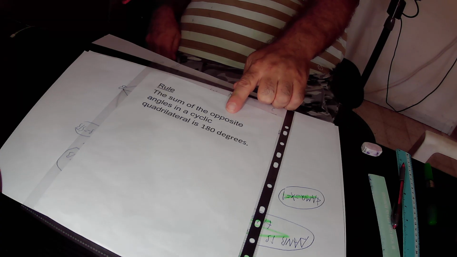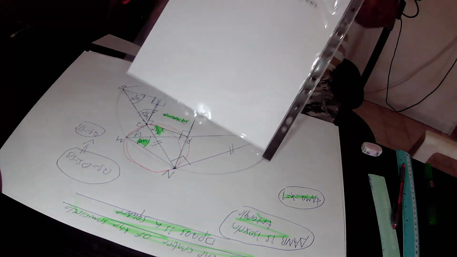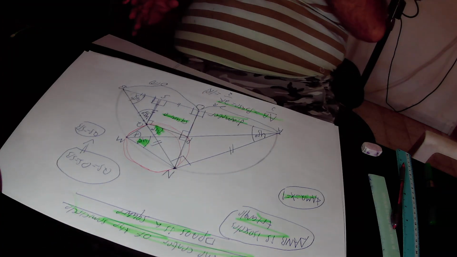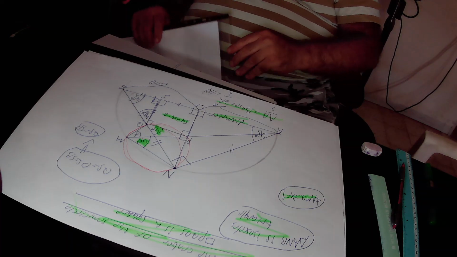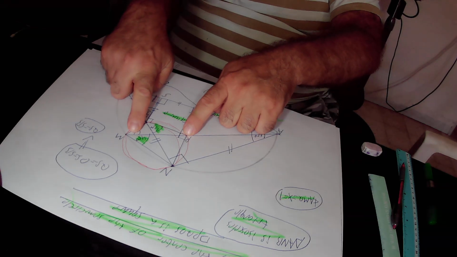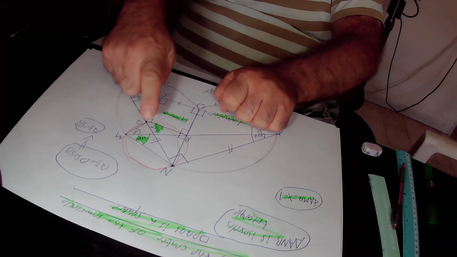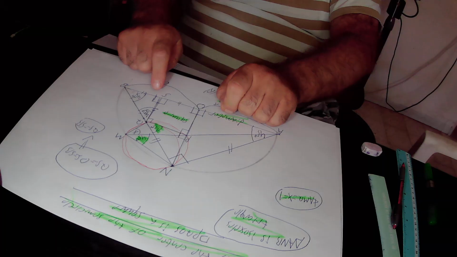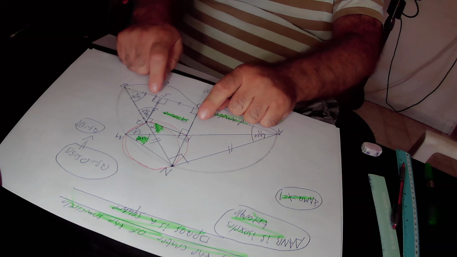Again, the sum of the two opposite angles in a cyclic quadrilateral is equal to 180 degrees. So the sum of those two opposite angles in quadrilateral NMQP must be equal to 180 degrees.